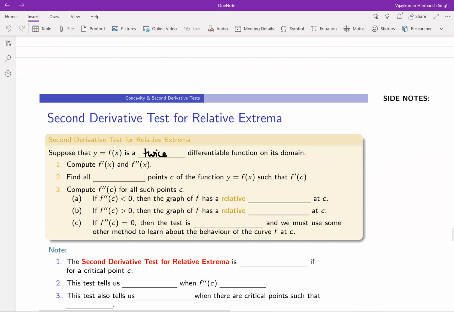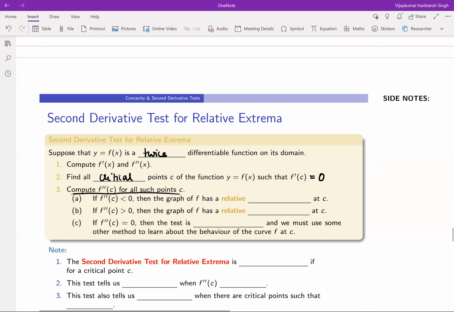Then you find all the critical points of y equals f of x, that means where f prime equals 0. Because it's twice differentiable, we are excluding the case where f double prime of c does not exist. Now compute the second derivative only at the critical points.